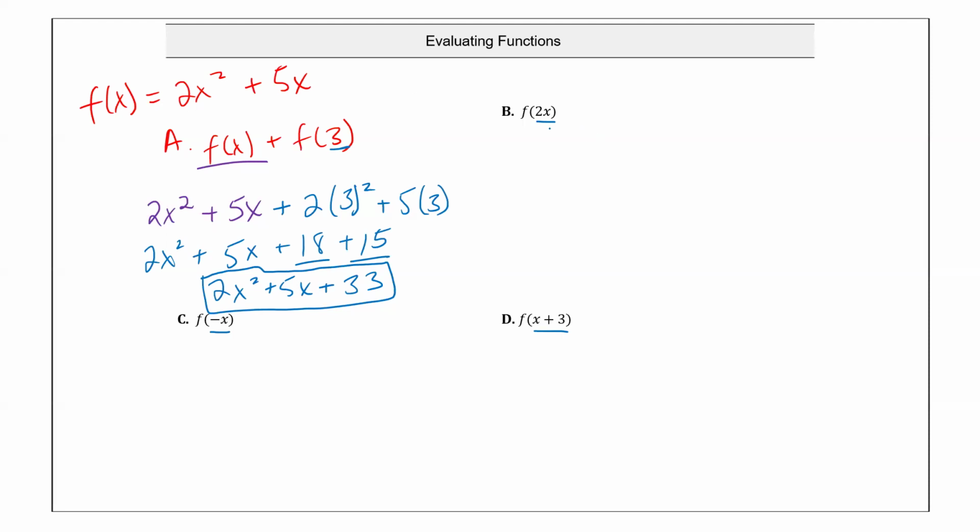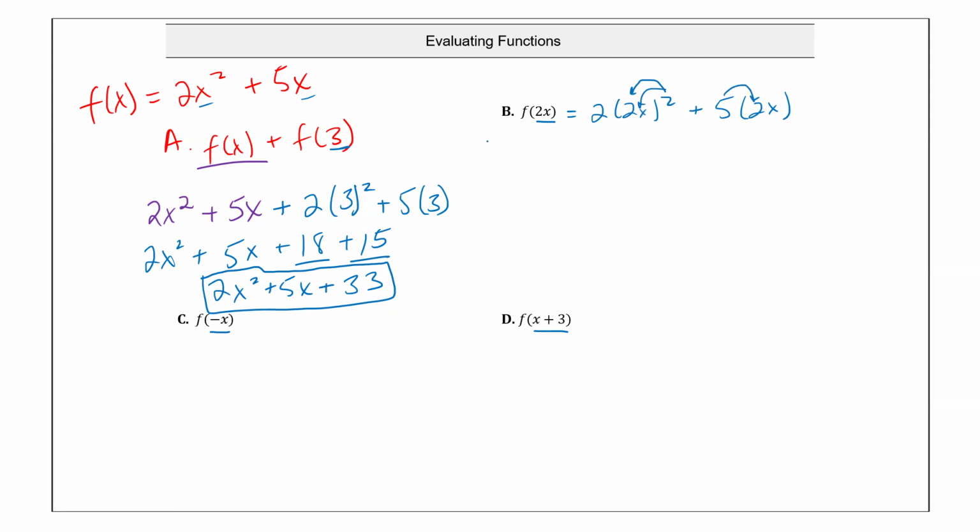So substitution. I'm replacing the x's with 2x, right? So now I'm working with 2 parentheses 2x squared plus 5 times 2x. Agreed? All right, now we're going to go through and use all of our rules that we've learned. So I'm going to distribute my power, and I'm going to distribute my coefficient.